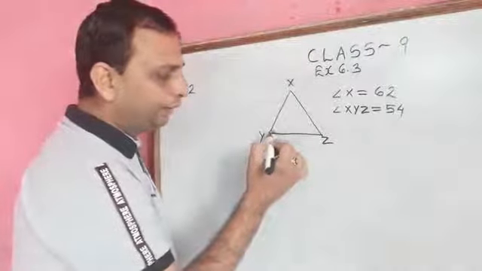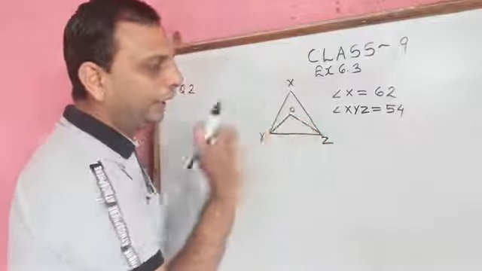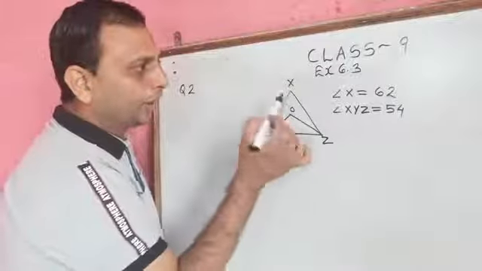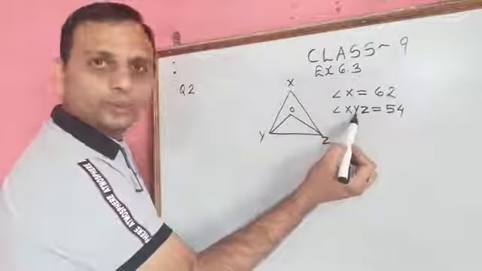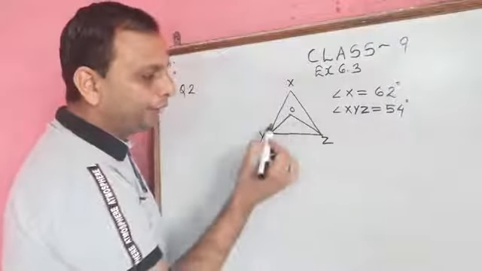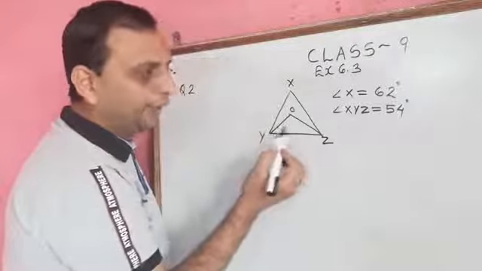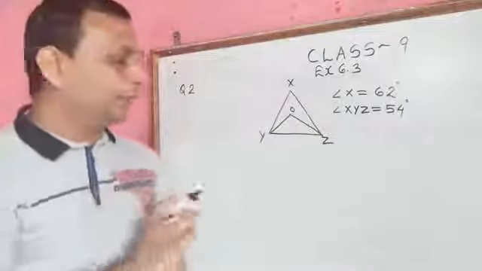There is one line which divides angle Y and angle Z and meets at point O. So how to solve this question? Here angle X is 62 and angle XYZ is 54 degrees, so this complete angle Y is 54, and it is mentioned in the question one important thing.